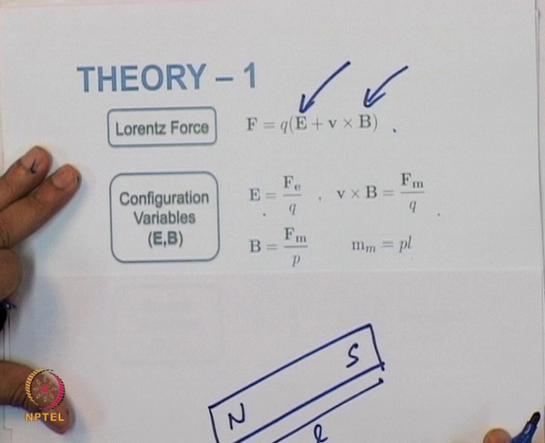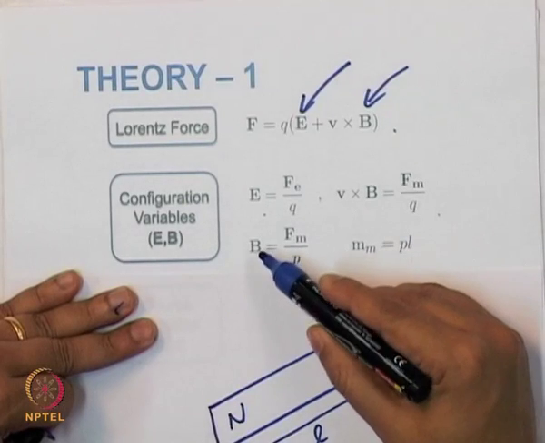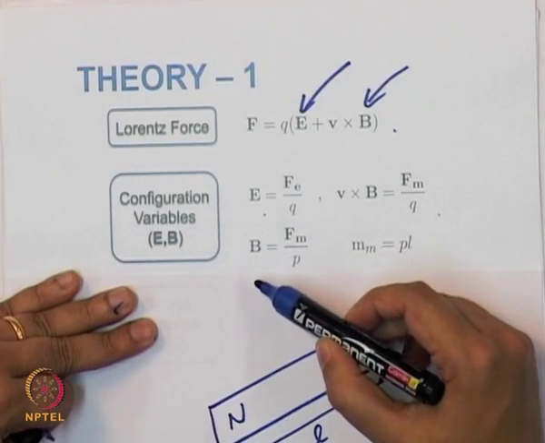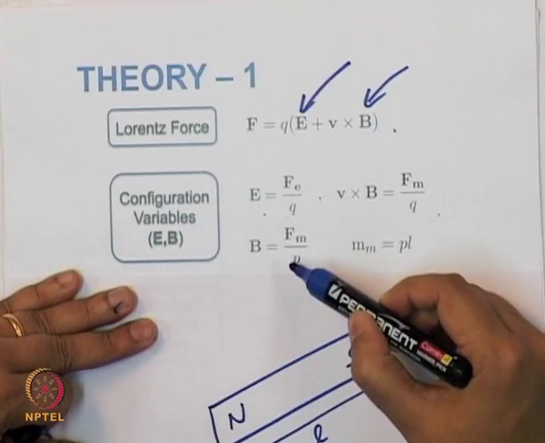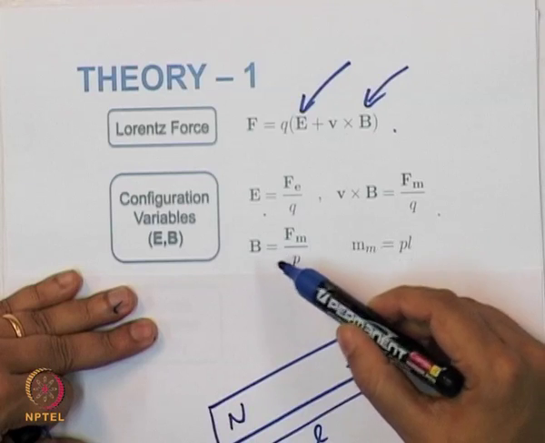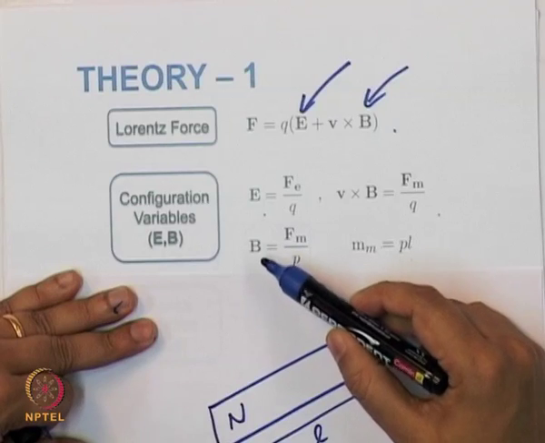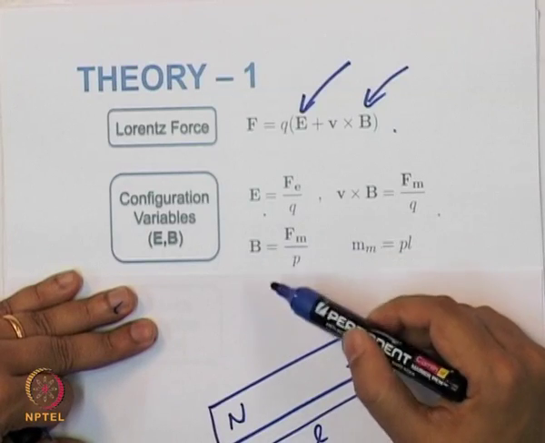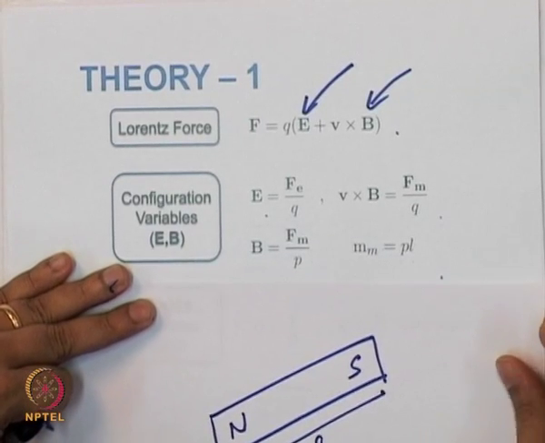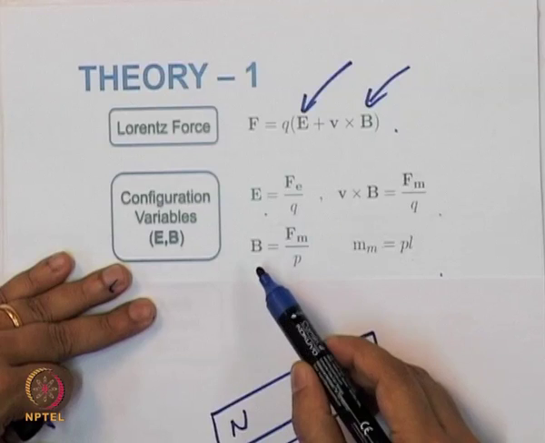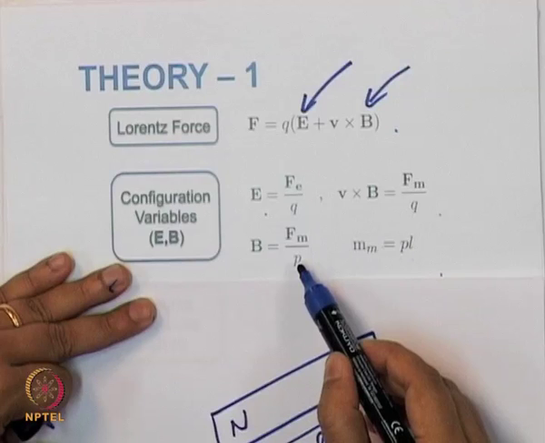So what we are using here is pole strength to define the magnetic field. Obviously, if you look into the literature, they won't define the magnetic field this way; they will call B the magnetic flux density, and they will define it in a different way. But in the case of algebraic topology, we are going to define B as the force acting on a unit pole.